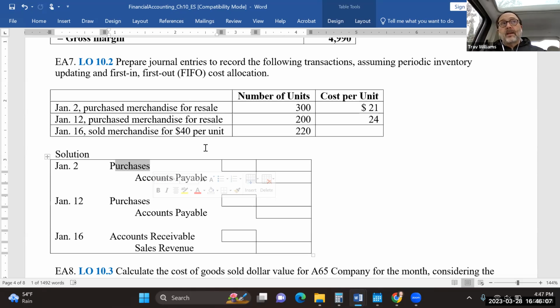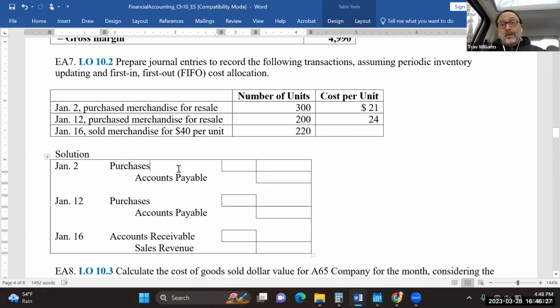If you're using the perpetual method, all of those purchase discounts, returns, and allowances just reduce your merchandise inventory. So you don't really need a separate account to track it. It just is a credit to merchandise inventory. You might remember that from a previous chapter.